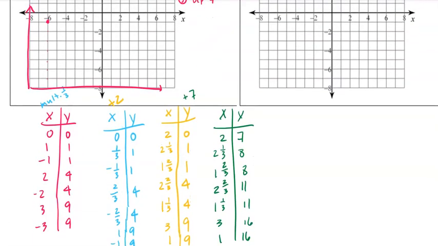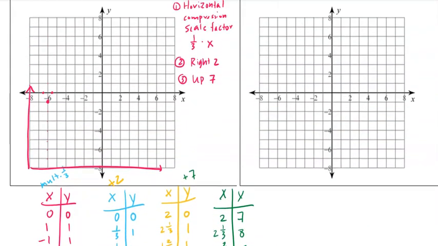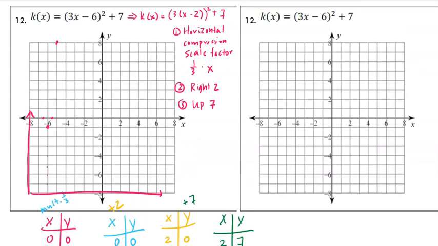And then (2, 7), and then (2 and 1/3, 8). Like that. And like that. And (2 and 2/3, 11). And I'm going to actually graph these 2 points. 1, 2, 3, and 16. So that's 8. It's going to be all the way up here on the 16.